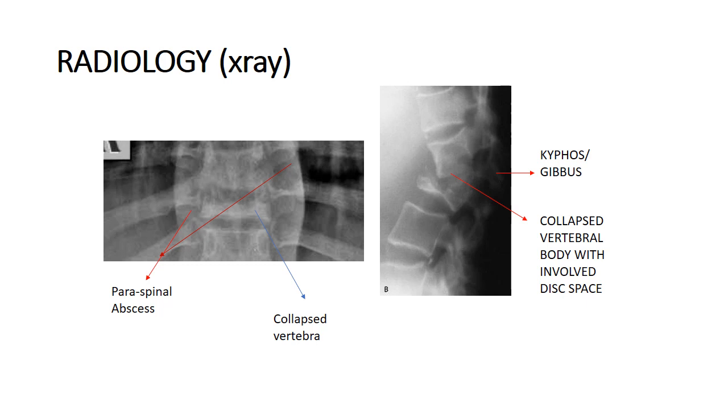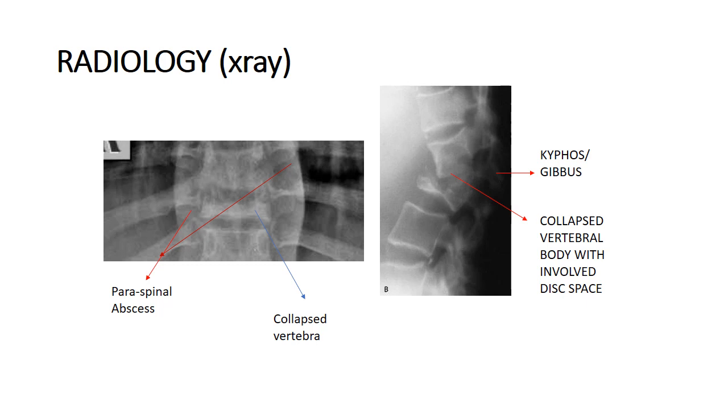So you will find paraspinal abscess. This is the shadow of paraspinal abscess. There would be pus around this involved area of tuberculosis. So in AP view, you will find paraspinal abscess and collapsed vertebrae.